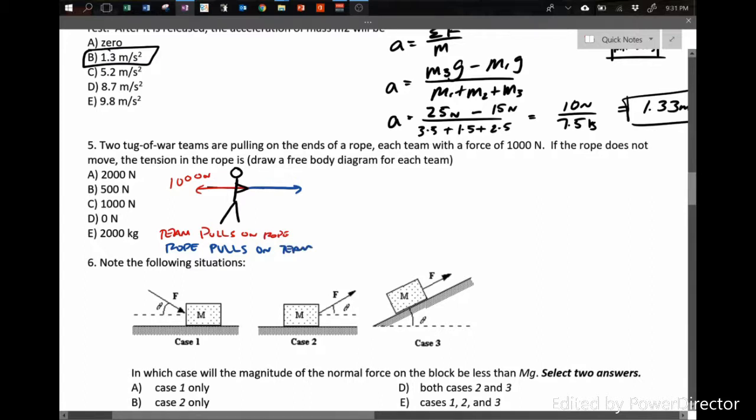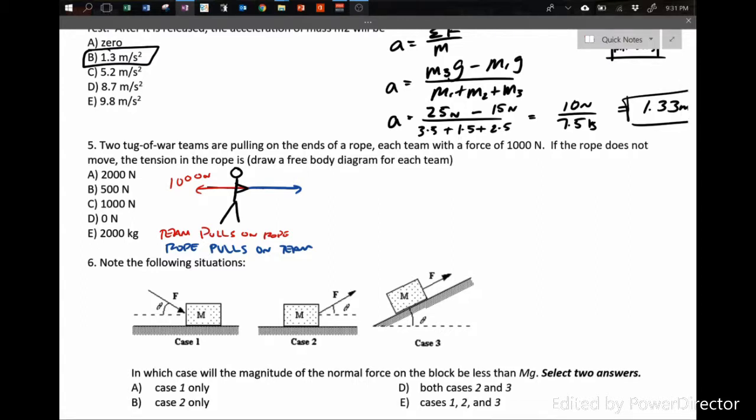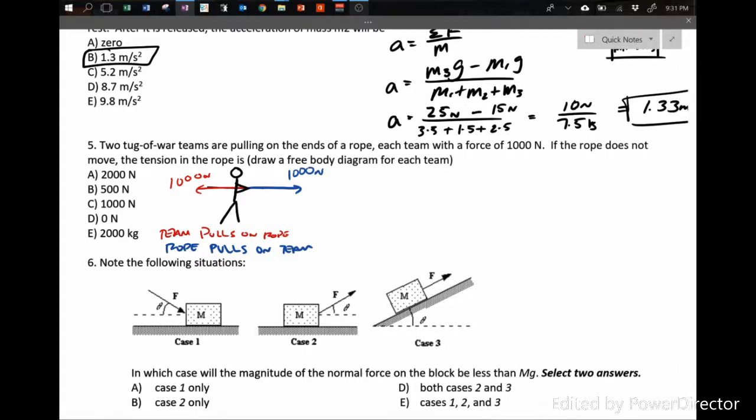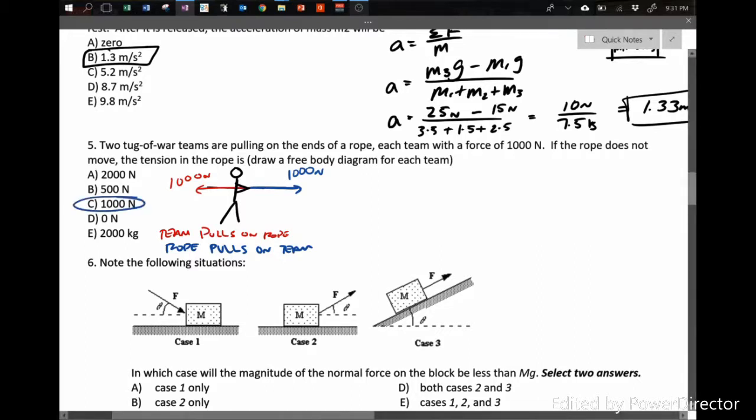Because that fits our action-reaction, if A pulls on B, B pulls on A. Because of that, I know that they have to be the same force. So for the first person, that force has to be 1,000 newtons in order for Newton's law to be true, which means that the tension in the rope is 1,000 newtons.